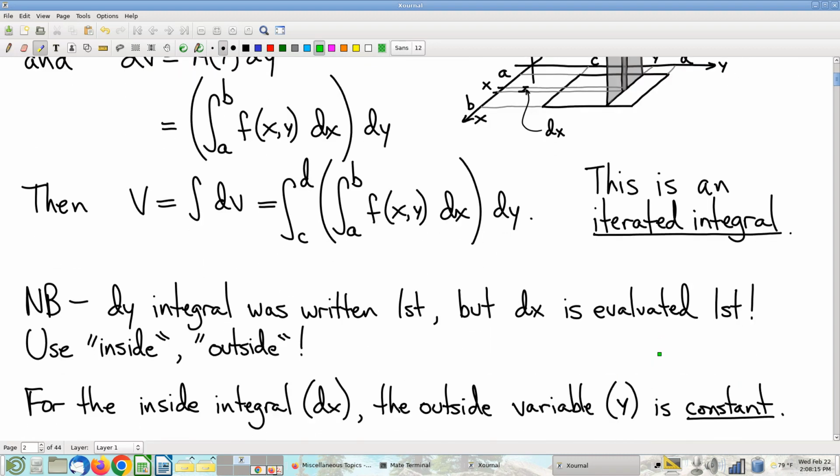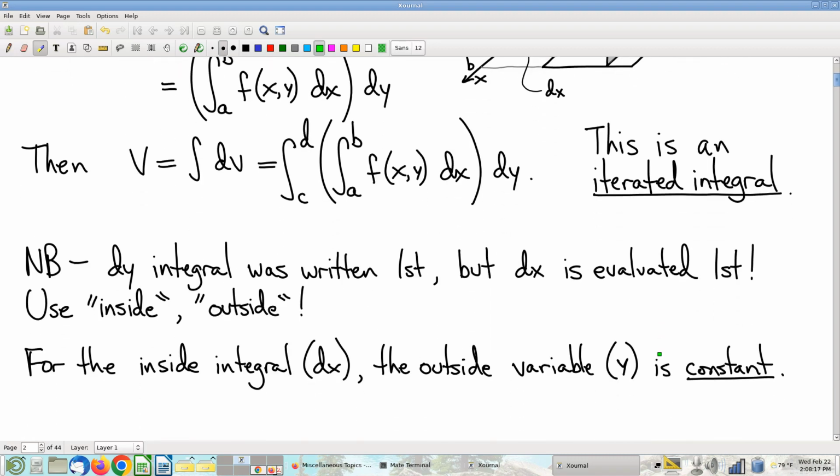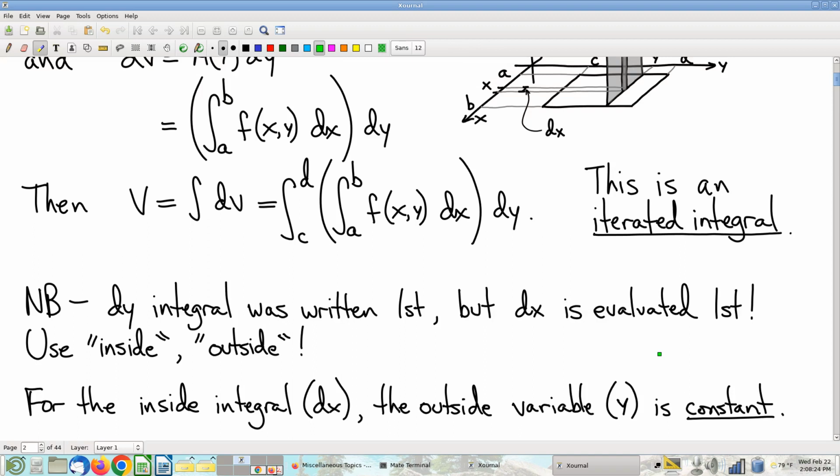Alrighty. A couple of things before we actually crank one out. Let me observe an issue with terminology. When I developed this iterated integral, recall the very first thing I did is I said we're going to do a y integral.